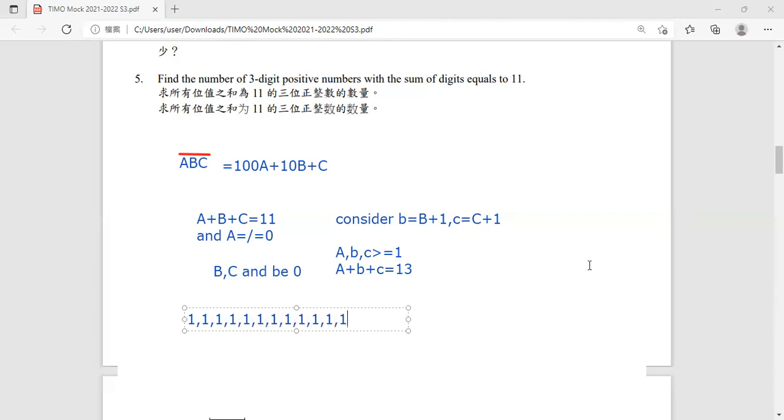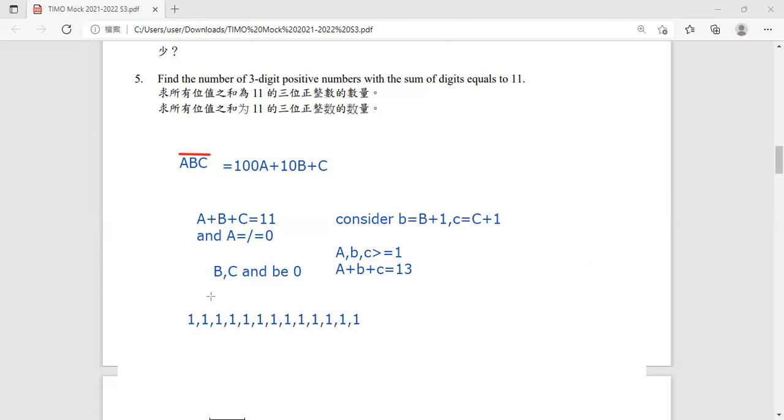Is this equal to C3? I think it's C3. Now, you have to split these 13 ones into 3 parts.